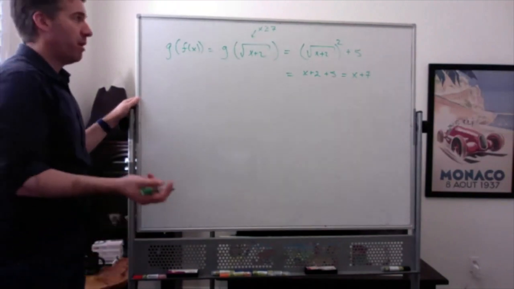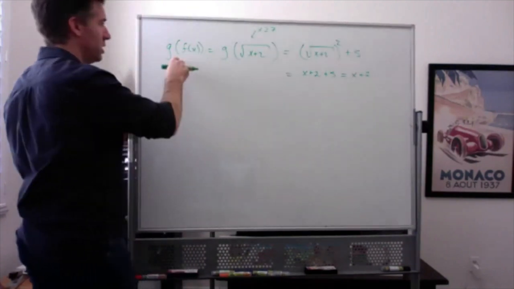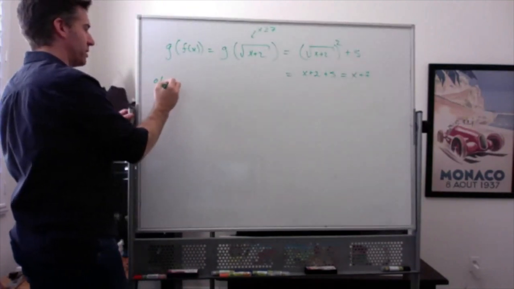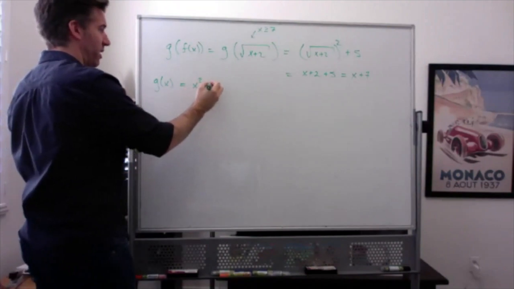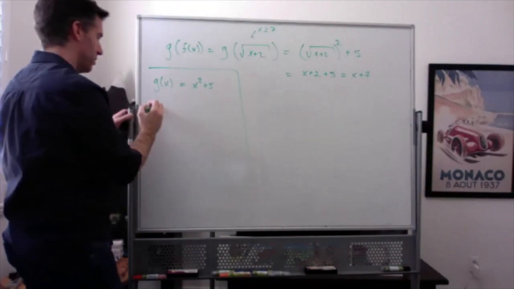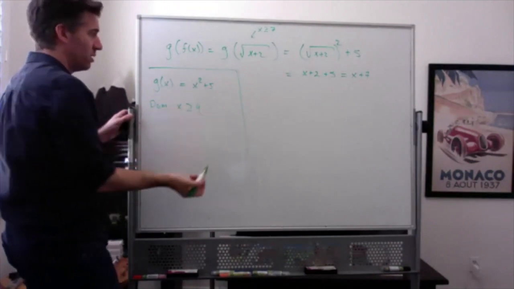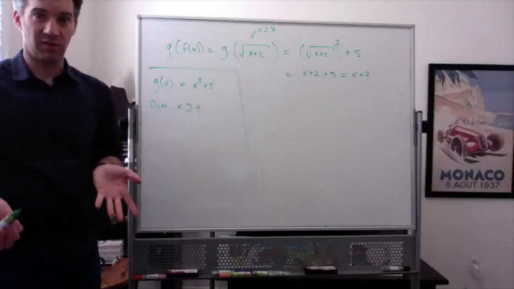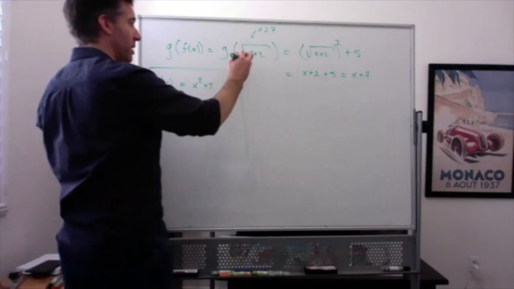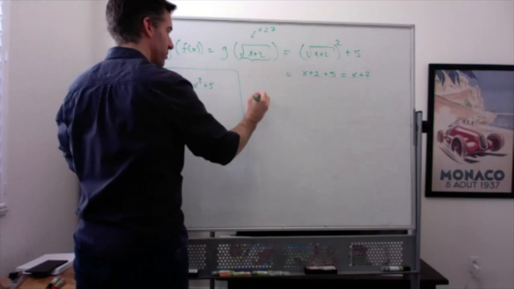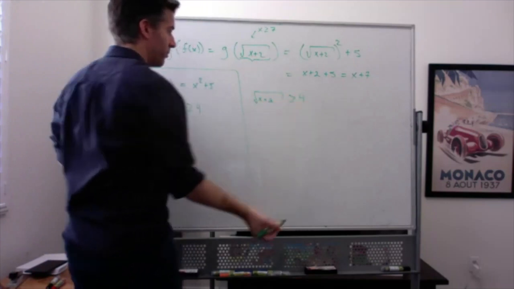But like was pointed out before, we still need to consider the domain. Remember, for g of x equal to x squared plus 5, the domain was x greater than or equal to 4. So we need the input to be greater than or equal to 4. And I think exactly what, I don't know who said it last time, but we should just say that this stuff here needs to be greater than or equal to 4.